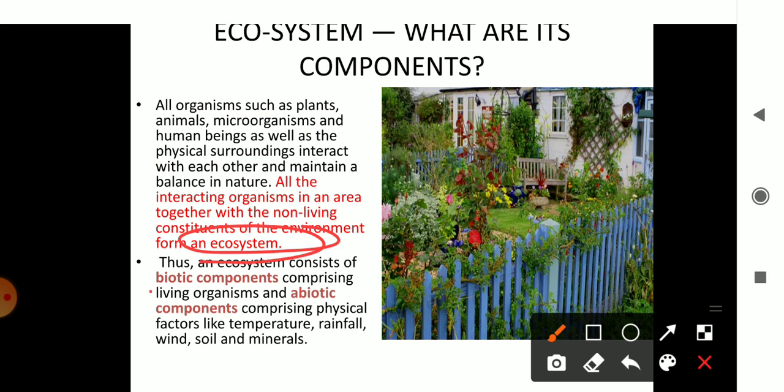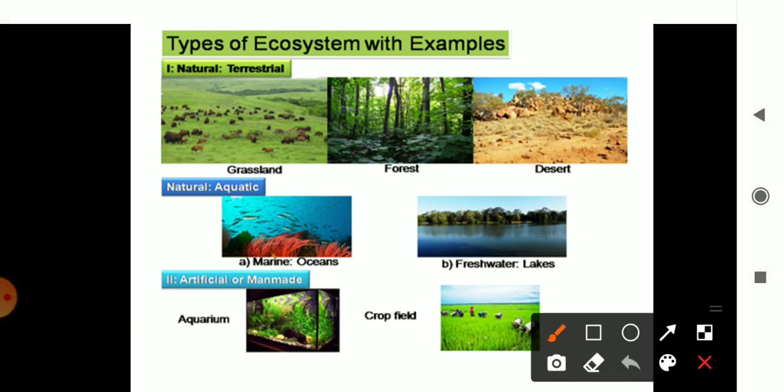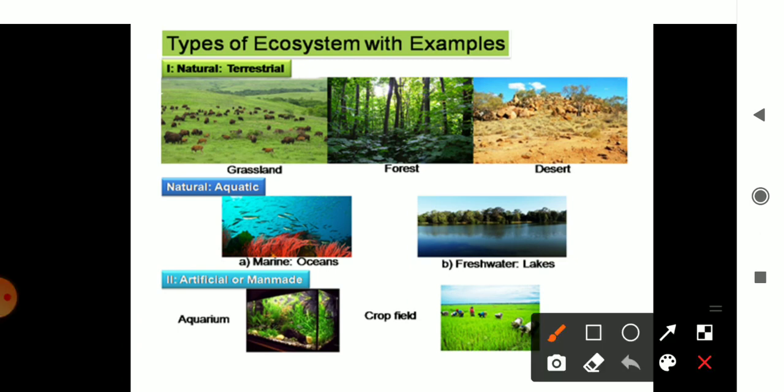An ecosystem consists of biotic and abiotic components. The biotic components include the living organisms like plants, animals, and the decomposers, whereas abiotic components include the non-living factors. Ecosystems can either be natural or man-made or artificial. Natural ecosystems can be terrestrial, such as grassland, forest, and desert, or aquatic, which includes the marine ecosystem, that is oceans.